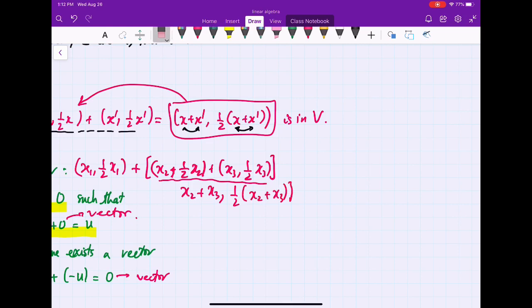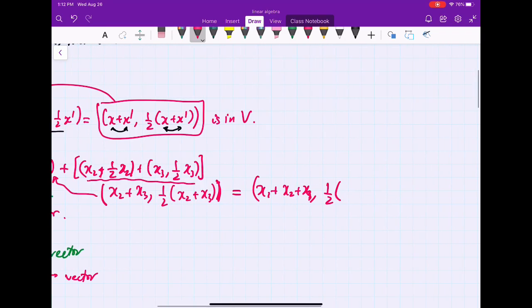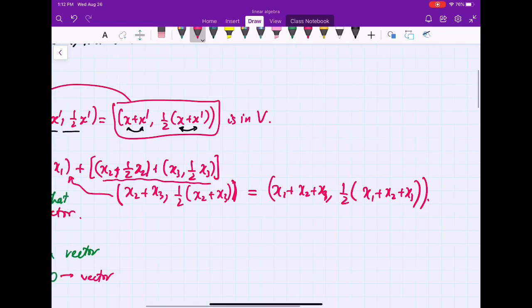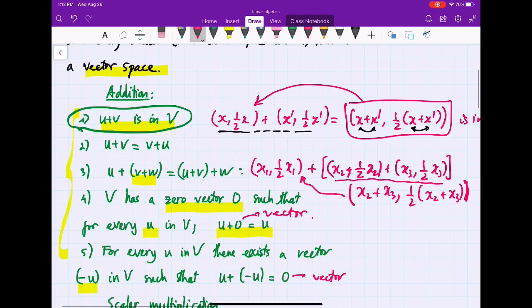Is that correct? And then you add this vector with the first one, you get x1 plus x2 plus x3 and 1/2 x1 plus x2 plus x3. Okay, that's what you have on the left hand side.